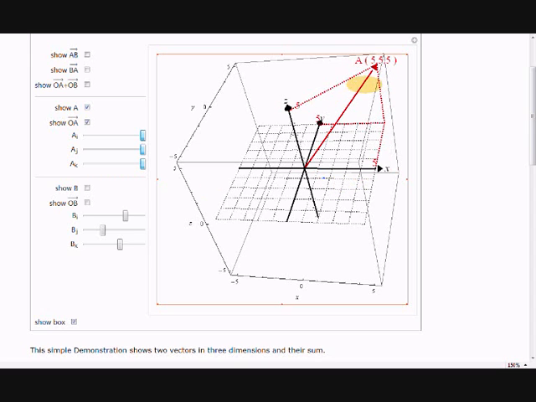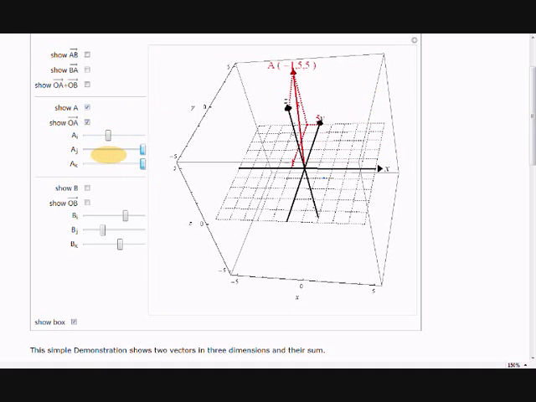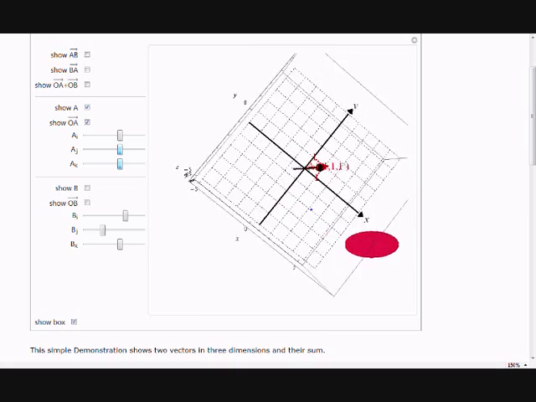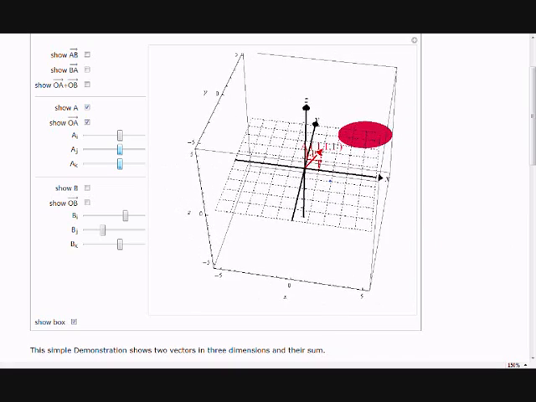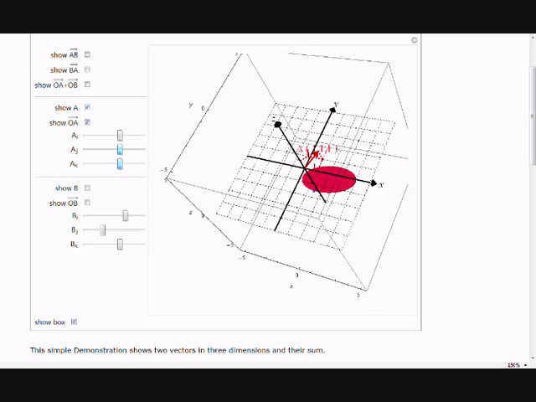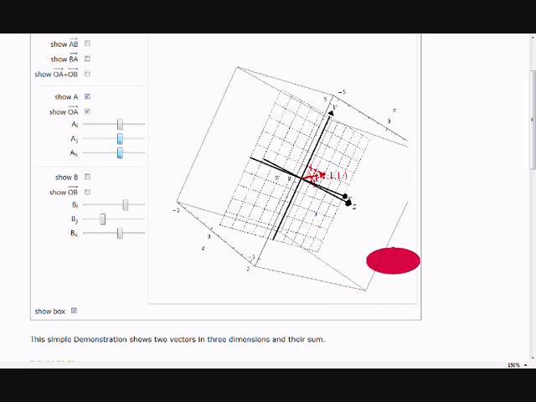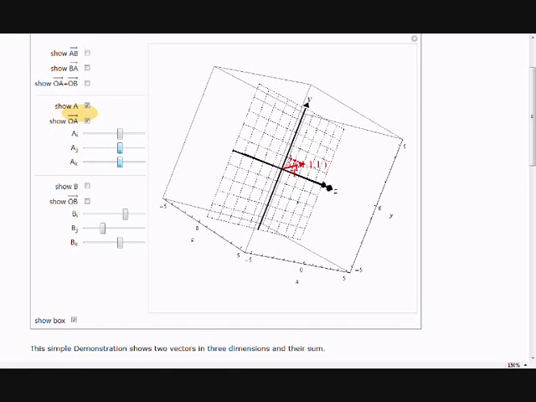Here are the i, j and k components. If it is going to be a unit vector, it is going to be 1, 1, 1, right? So this will be like this. You can see all three vectors, the x, y, z axes, and the unit vector magnitude is going to be 1, and it is represented in space.